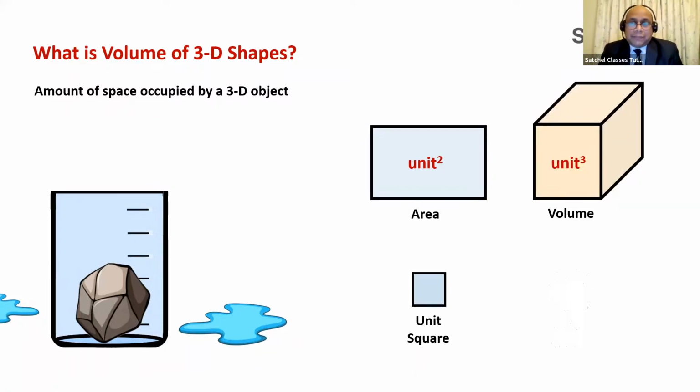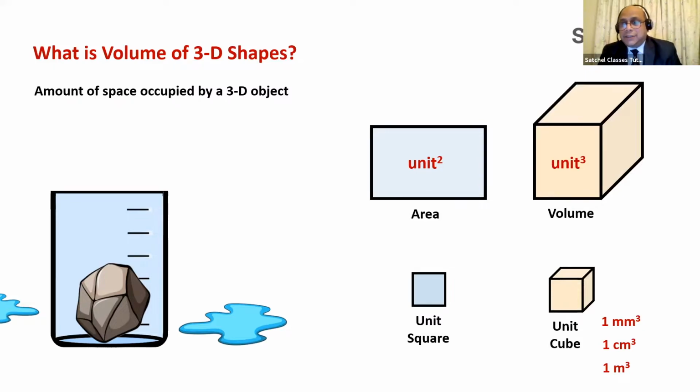Unit square and unit cube. A unit cube can be millimeter cube, centimeter cube, or meter cube, depending on how big the cube is. A unit cube is a cube having each side 1 unit, right? If the dimension of each side is 1 unit, that's called a unit cube. And depending on which unit that is, millimeter, centimeter, or meter, you might have millimeter cubed, centimeter cubed, or meter cubed.